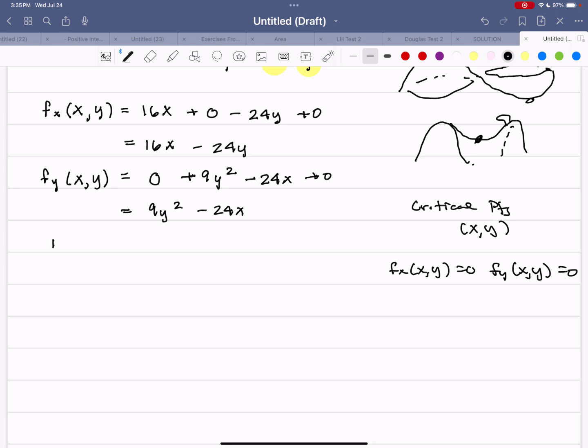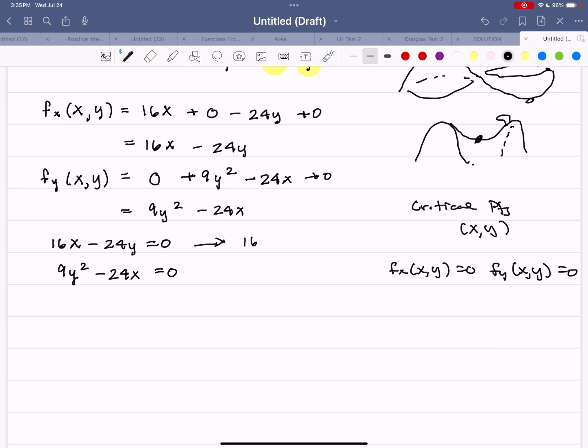So I've got 16x minus 24y equals 0, and I have 9y squared minus 24x equals 0. Now, I can't use the elimination process here because I'd still have an x and a y. So what we want to do is let's go ahead and solve this first one for y. So let's see, let me solve it for x.